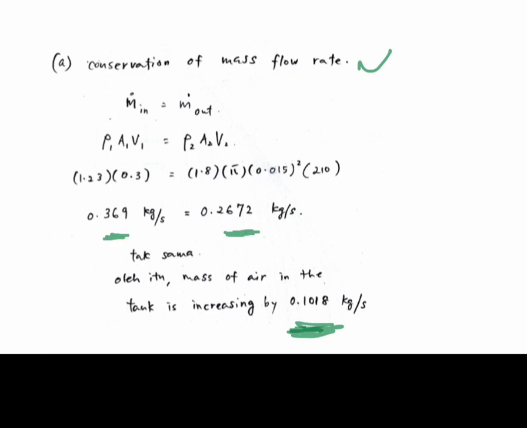It must be an increase of mass in the tank, because the mass flow rate must be conserved. Inlet is 0.369 and outlet is 0.2672, so we have 0.1018 kilogram per second mass flow rate increase in the tank.